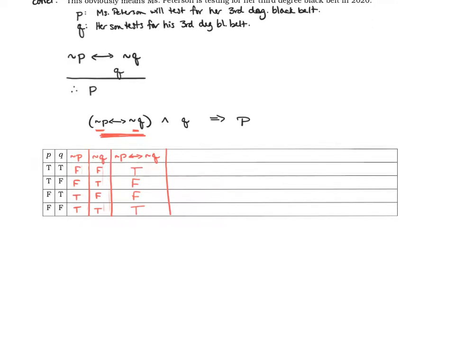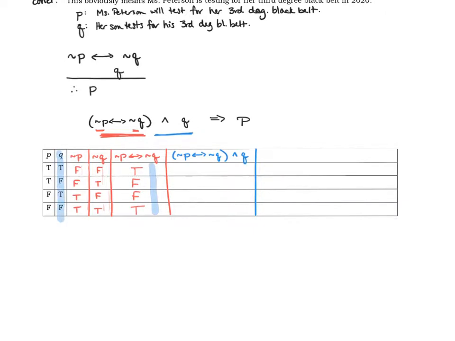The next thing that we should go ahead and do is then incorporate this and Q into the mix. Okay, so just take care of that entire left side. So not P, if and only if, not Q, and Q. Okay, so what are we looking at? We're looking at this not P, if and only if, not Q column we just did, and all the way back here to the beginning, the Q column.